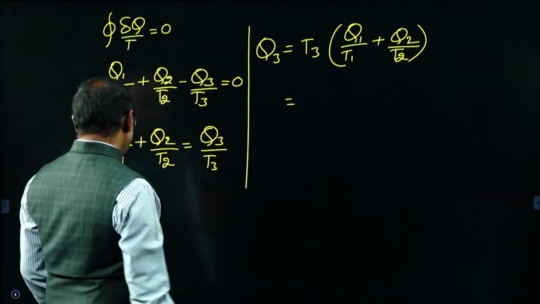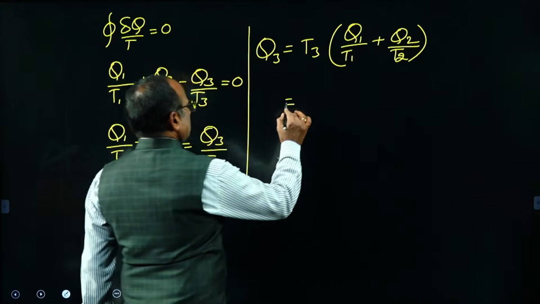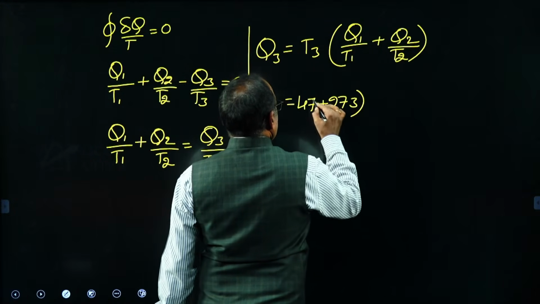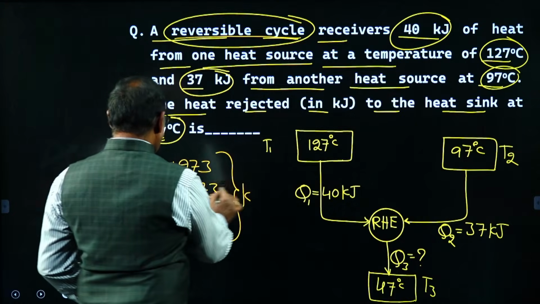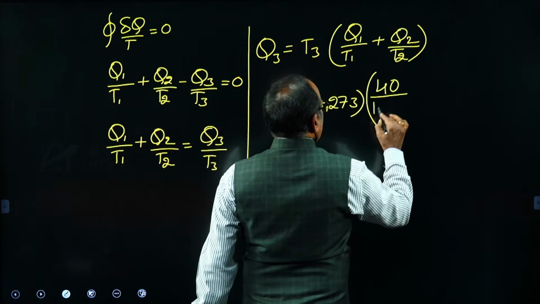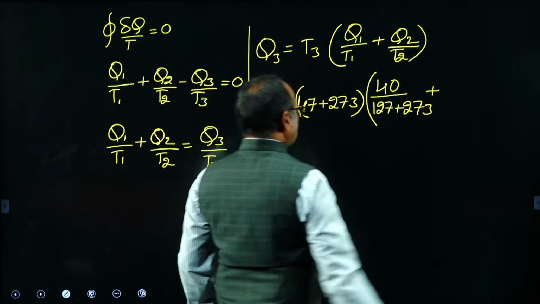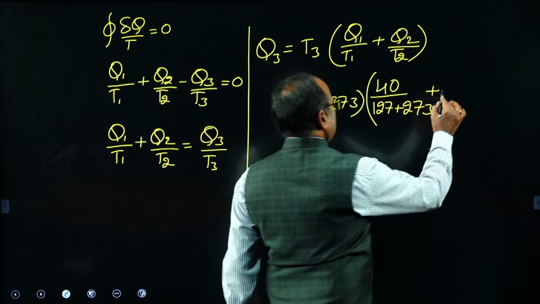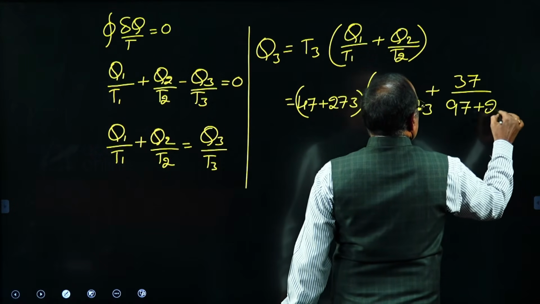Look at the T3 value: 47 plus 273, into Q1, which is 40 divided by 127 plus 273, plus Q2, which is 37 divided by 97 plus 273.